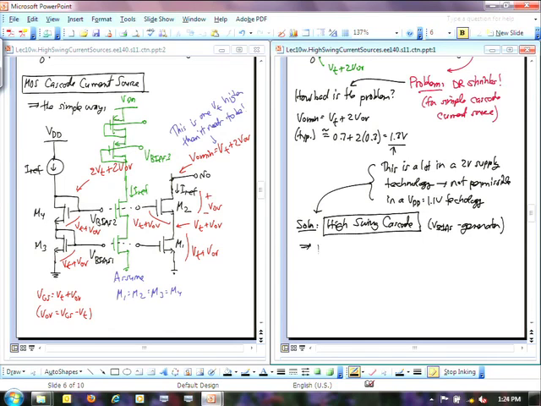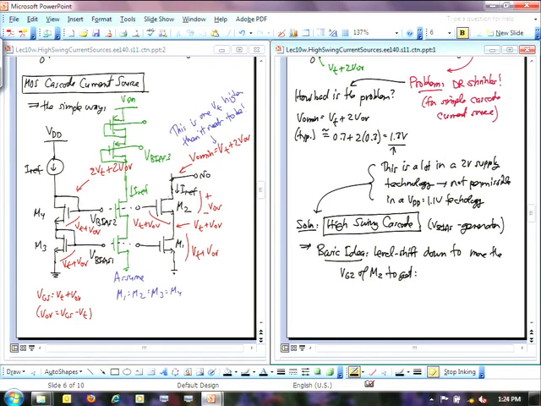Well, the basic idea is to level shift. So you level shift the voltage down to move the VG2 of M2 to get something smaller.